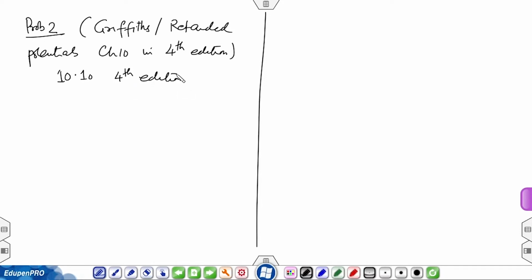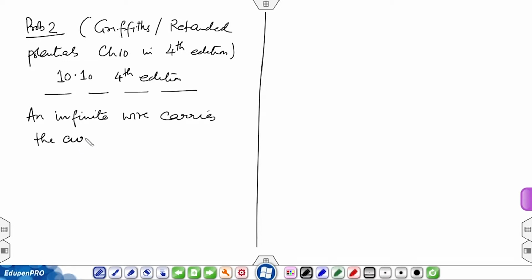It says an infinite wire carries the current I(t) equals 0 for t less than or equal to 0 and kt for t greater than 0.